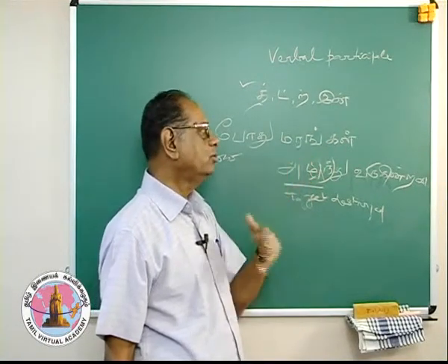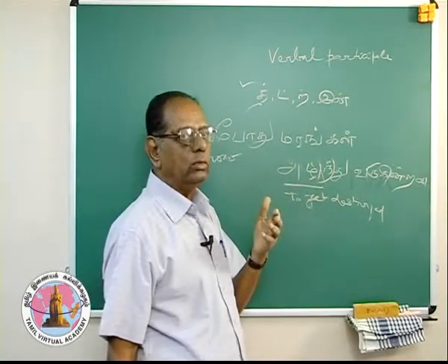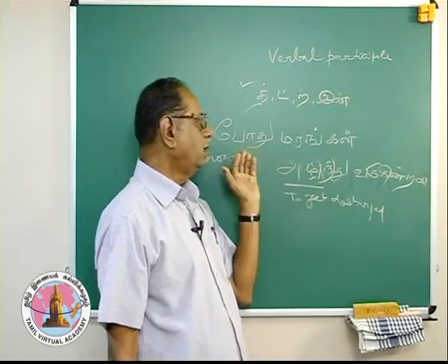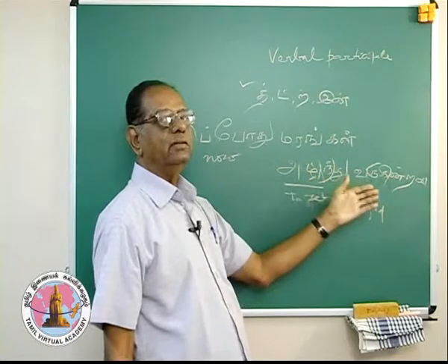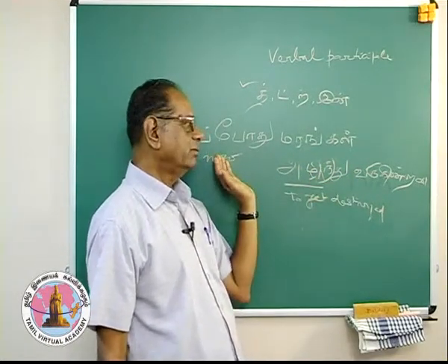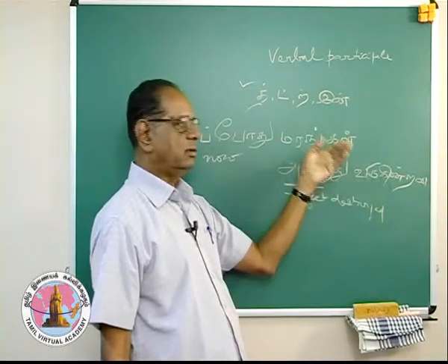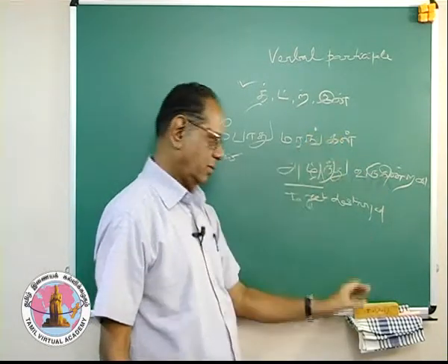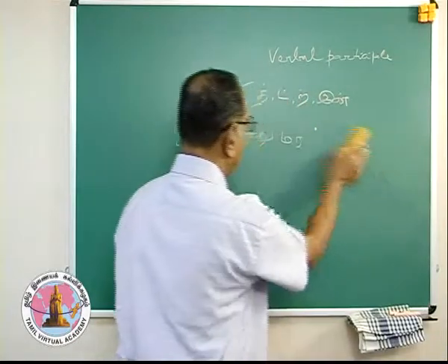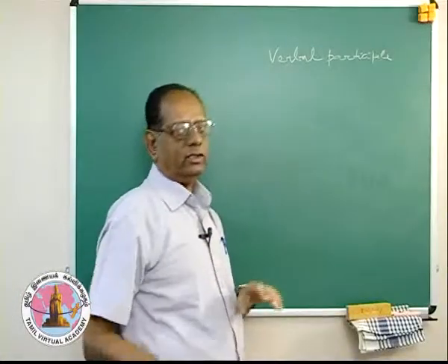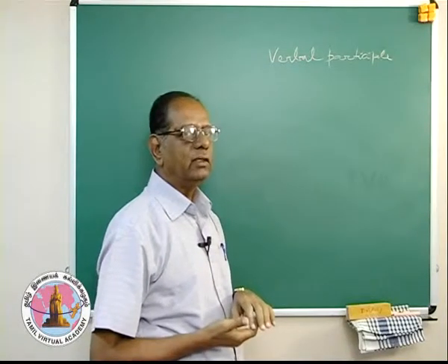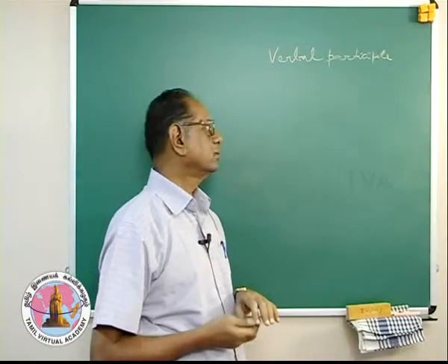So I am trying to remind you all the lessons we have already done. இப்போது மரங்கள் அழிந்து வருகின்றன. Here is an adverb of time, the action, the subject. So the verbal participle is one which requires two verbs. The first one is incomplete and the other one is complete.